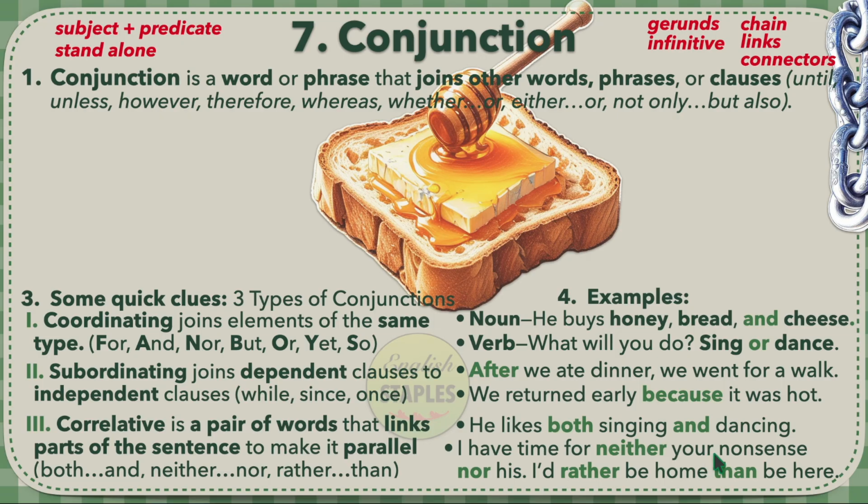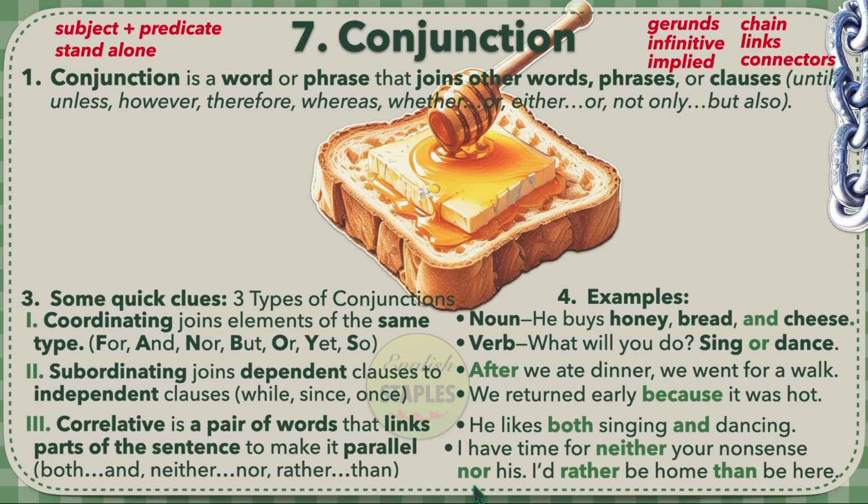Because it says your nonsense nor his. His here, the word nonsense, it's implied. Here actually means his nonsense. So it's not written, but it is implied. We have the possessive adjective here, your, meaning the nonsense belongs to you, nor his means the nonsense belongs to him.